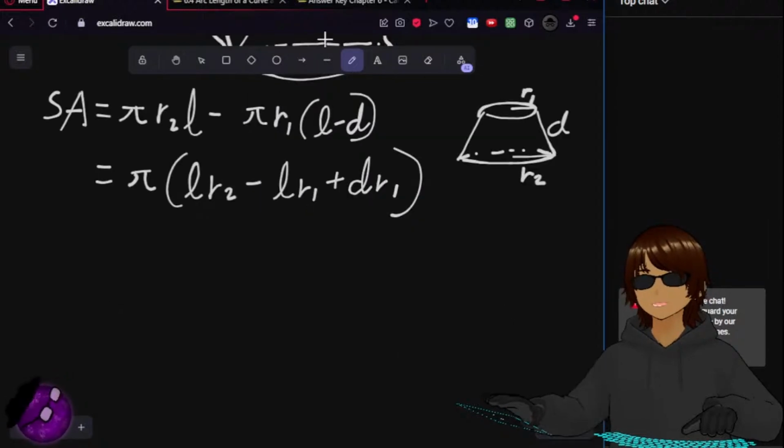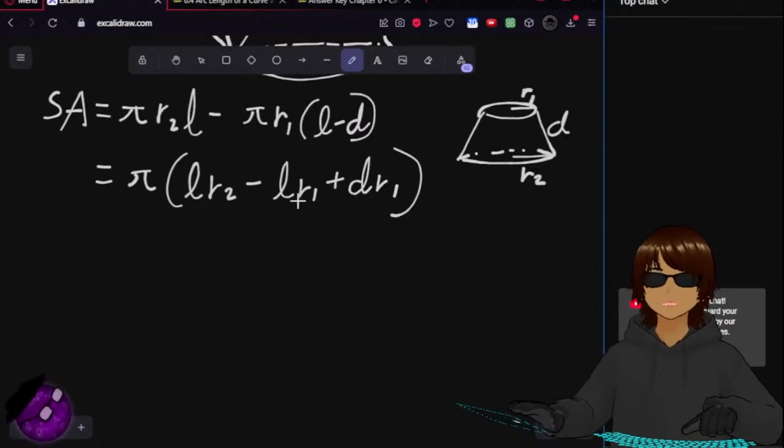R2. Now I have this surface area, but I only want it in terms of R2, R1 and D. I don't want any L over here.